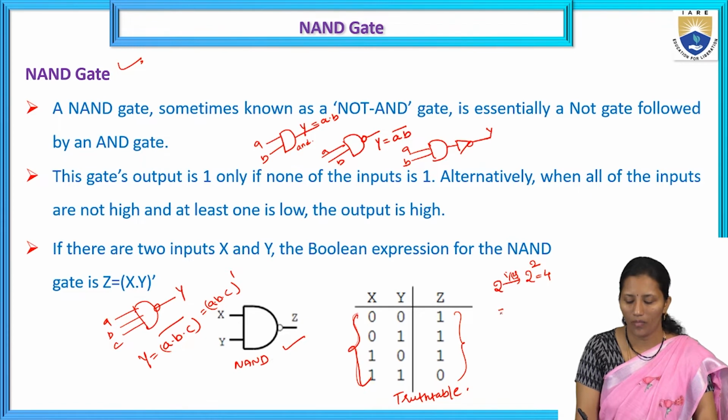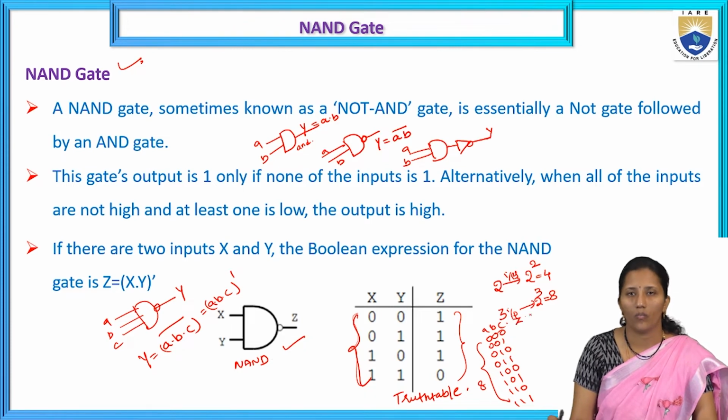If we have 3 inputs, the combinations are 2 cubed, that is 8: 000, 001, 010, 011, 100, 101, 110, 111. A, B, C are inputs. So we have to run the 8 combinations and observe what the output is.